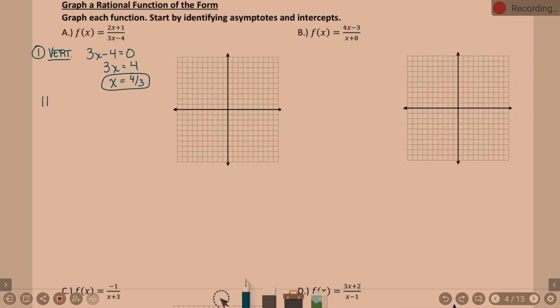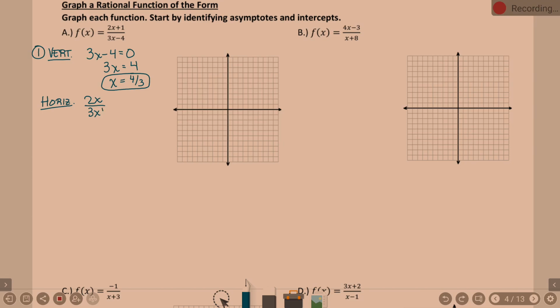While we're here, we're also going to find our horizontal asymptotes. Flip to the front page if you need to. What do you remember about horizontal asymptotes? Where's your highest power at? So what's my highest power on top? 2x. What's the highest power on bottom? 3x.